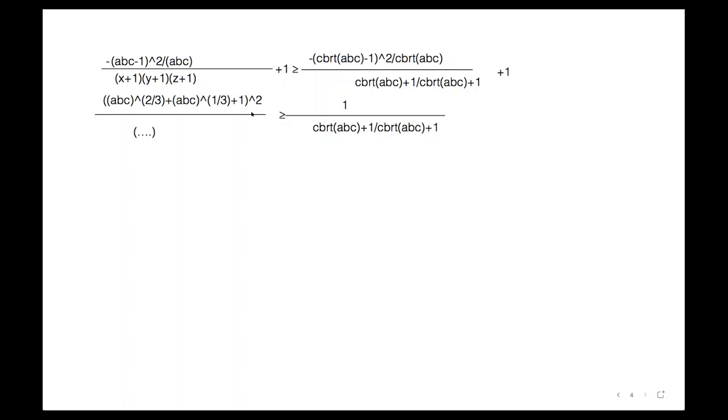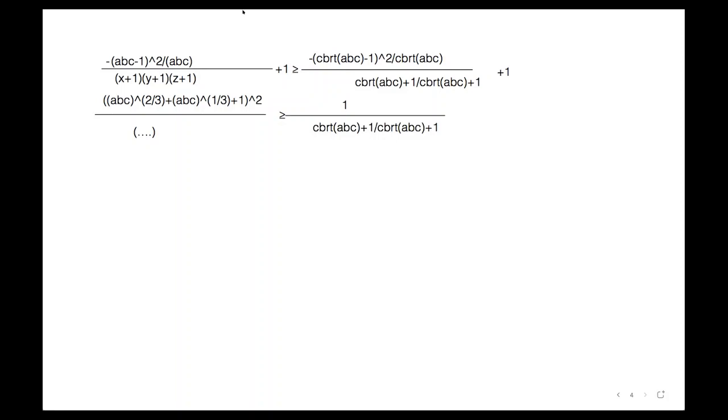Then we notice that we almost have the same quantity here. I think I forgot a factor of ABC somewhere. Oh wait, I forgot an ABC here. ABC to the 2/3. Okay, let's put that there.